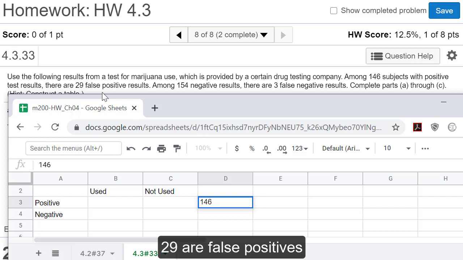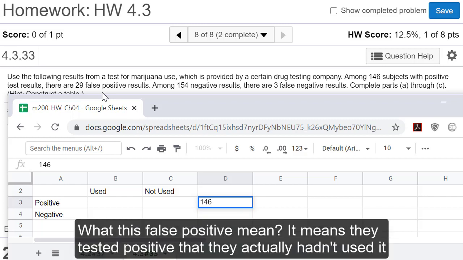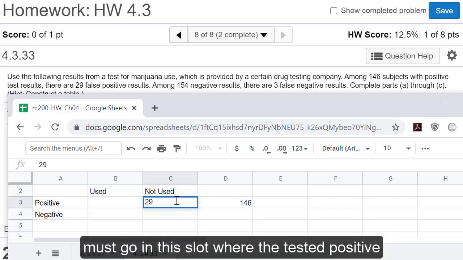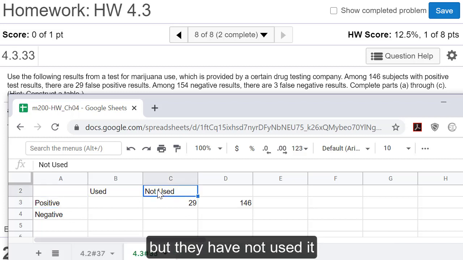29 are false positives. What does false positive mean? It means they tested positive, but they actually hadn't used it. So that number, 29, must go in this slot where they tested positive, but they have not used it.